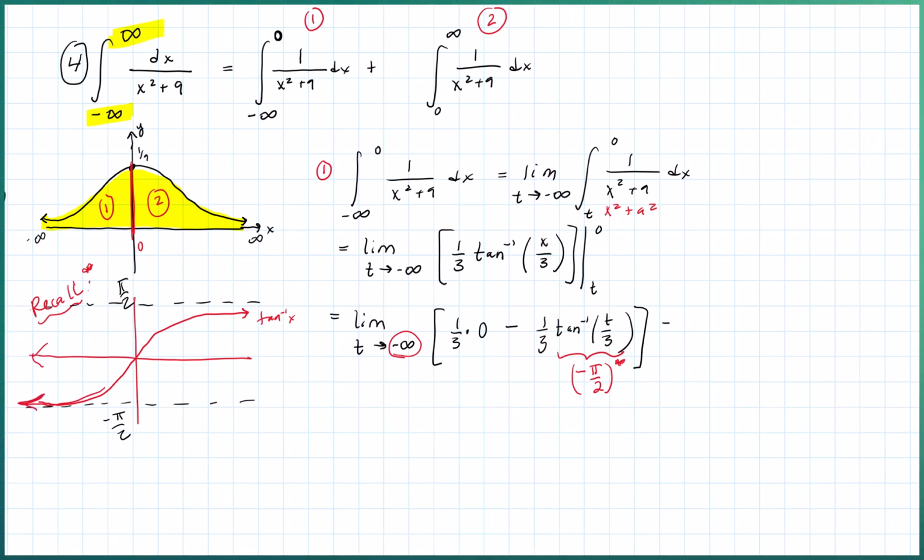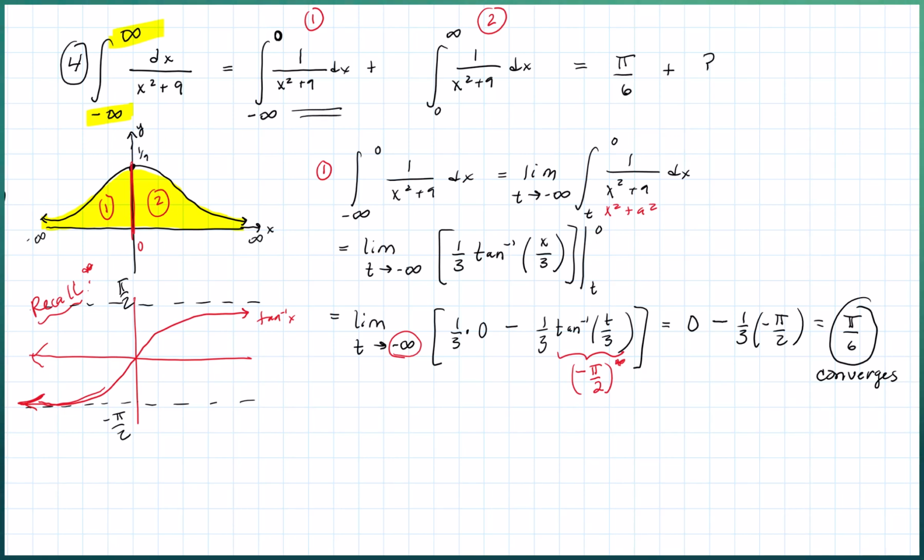So this becomes 0 minus 1/3 times negative pi over 2, but that's pi over 6, which is a finite value. So it definitely converges. So the first part here is converging to pi over 6.